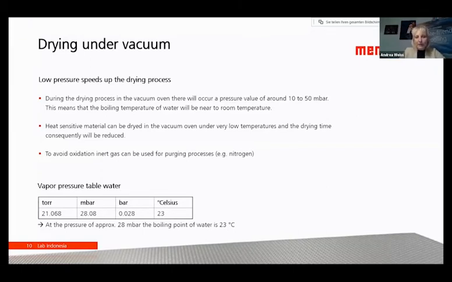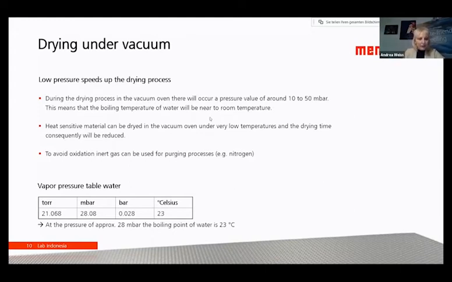This means that the boiling temperature of water will be near to room temperature. So that is for heat sensitive material. This can be dried in the vacuum oven under very low temperatures, and the drying time consequently will be reduced. And we can also use nitrogen in order to avoid oxidation. Inert gas will then be used for this application.